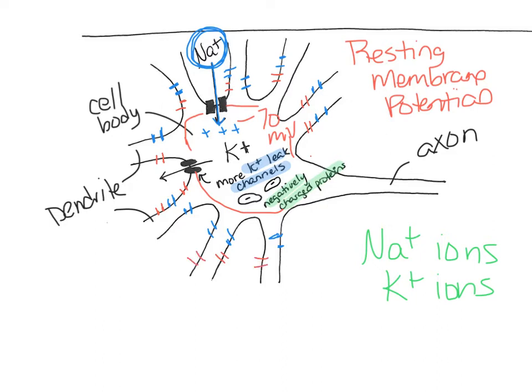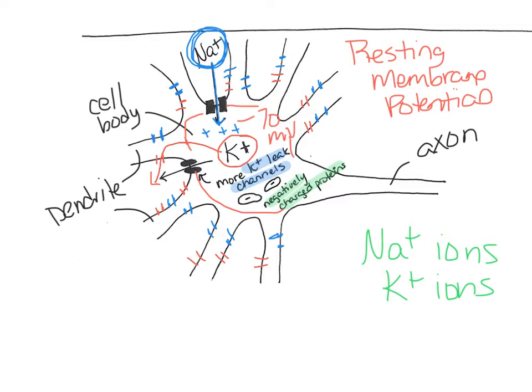And what did we say about potassium? Potassium was going to diffuse which direction? Out. Potassium wants to diffuse out of the cell because there's a higher concentration inside the cell than outside the cell. Right?